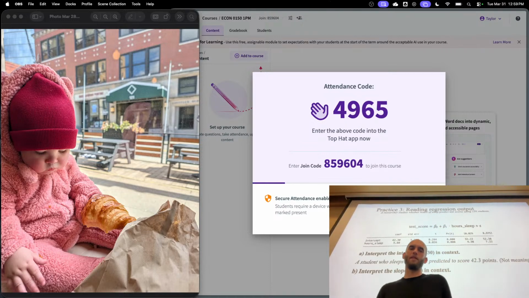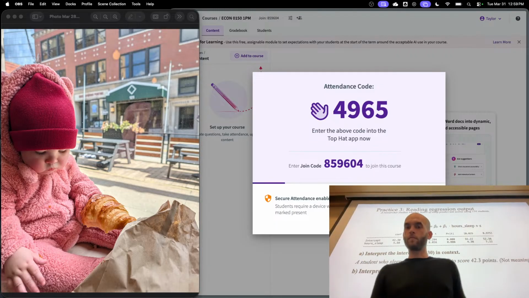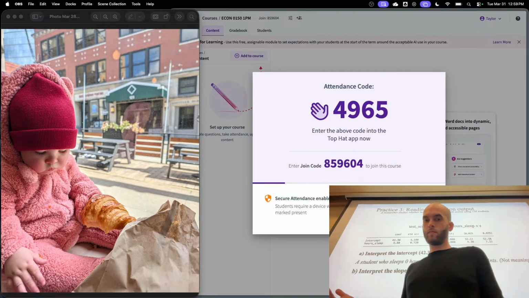What about this one? So let's interpret the slope. Wouldn't that be for every hour's sleep, the student gets 5.8% better on the exam?